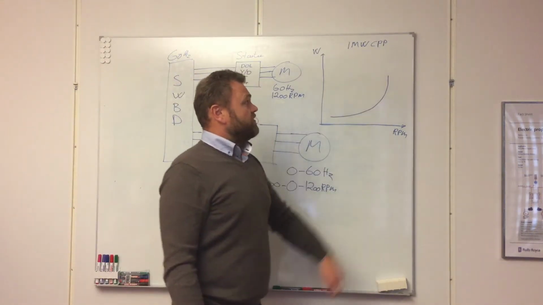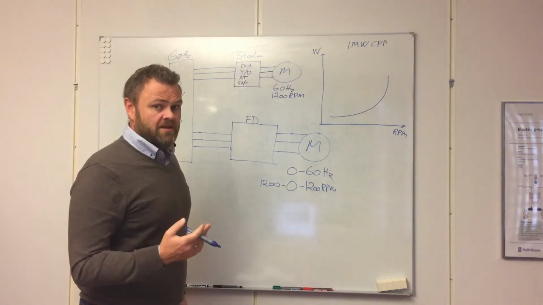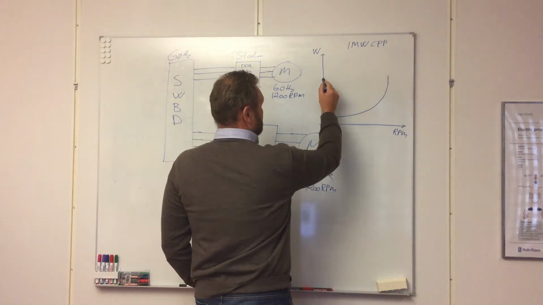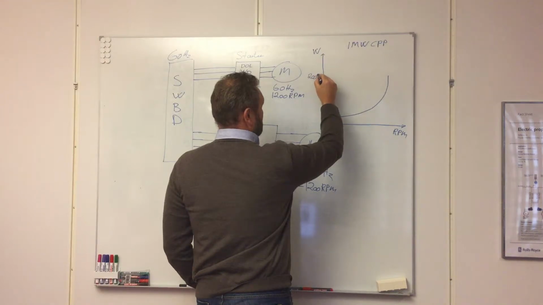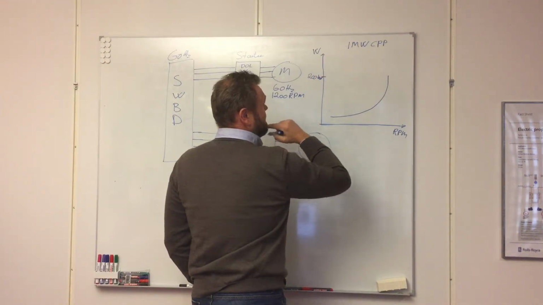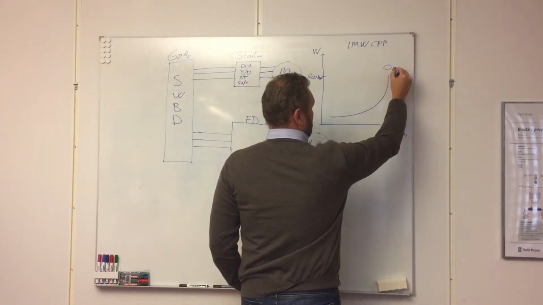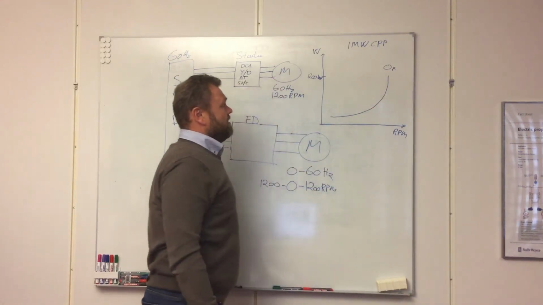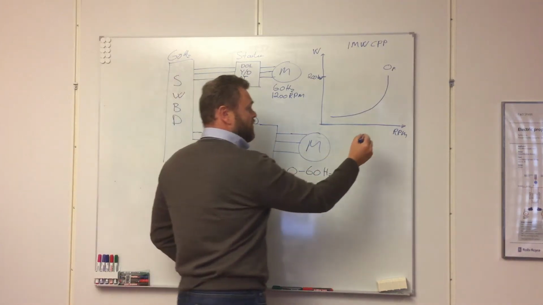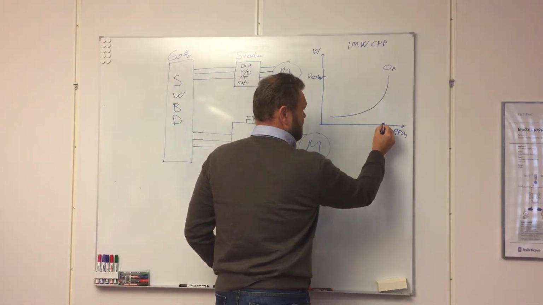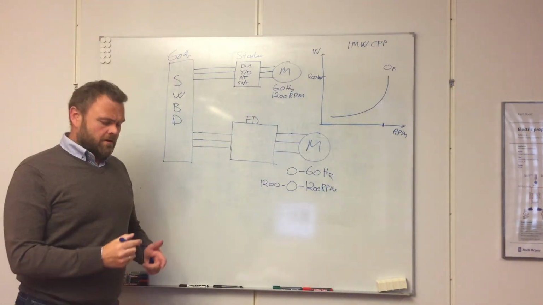And for a 1 megawatt CPP, you could in fact at 0 pitch have easily, let's say, 200 kilowatt at 0 pitch if you have fixed RPM for the propeller.